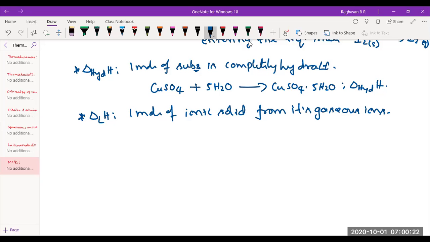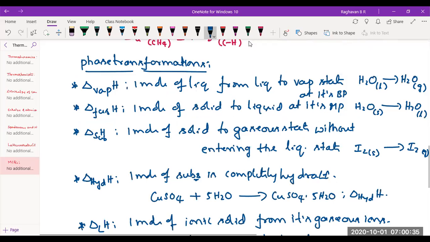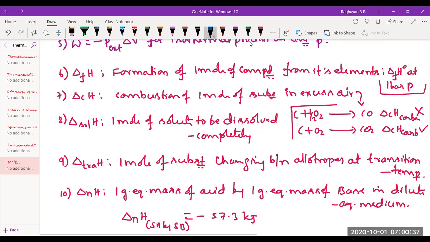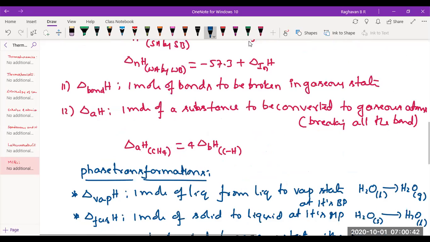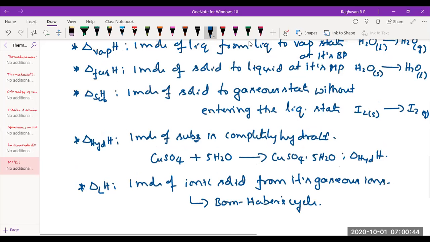And in connection with that we have the Born-Haber cycle, to calculate lattice enthalpy. By and large, these are all the definitions for which we need to know how to write the equations and calculate the enthalpy change.